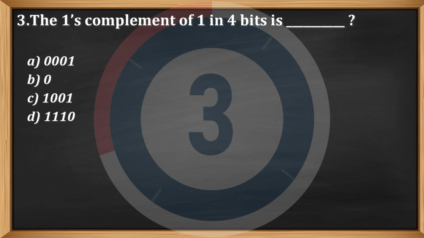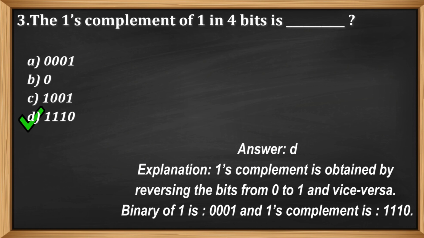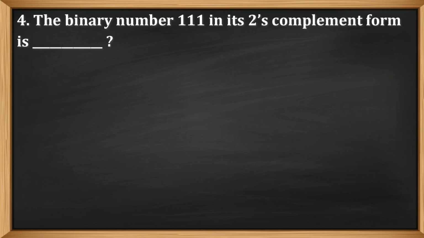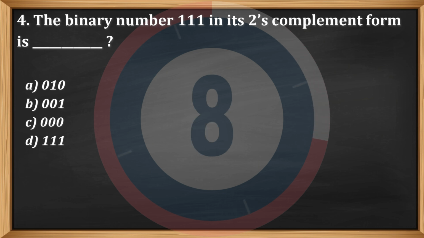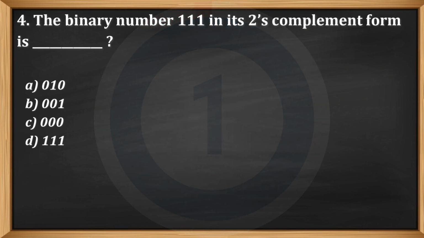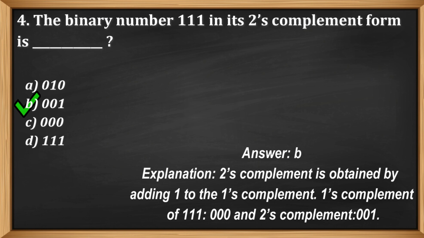The 1's complement of 1 in 4 bits is option D, 1110. The binary number 111 in its 2's complement form is option B, 001.